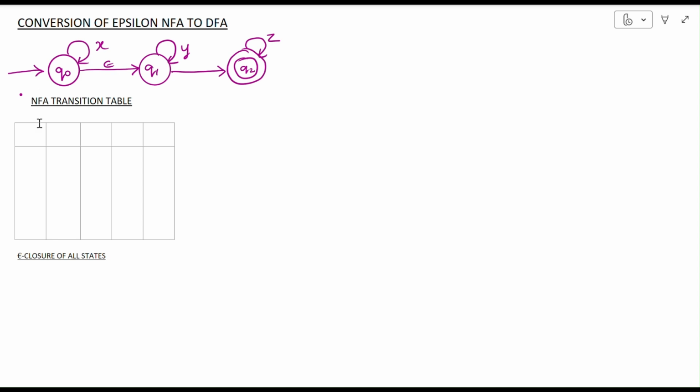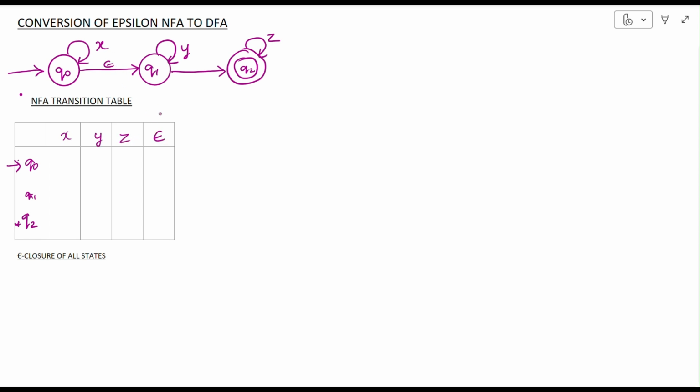Here the current states are Q0, Q1, Q2. Q2 is the final state and Q0 is the starting state. What are the inputs? Inputs are X, Y, Z and epsilon.